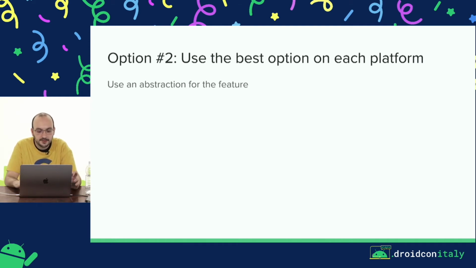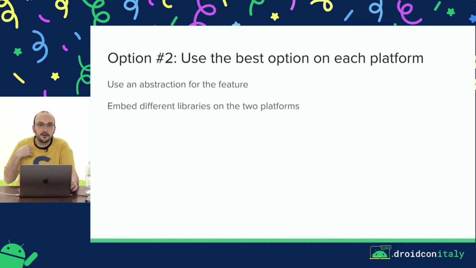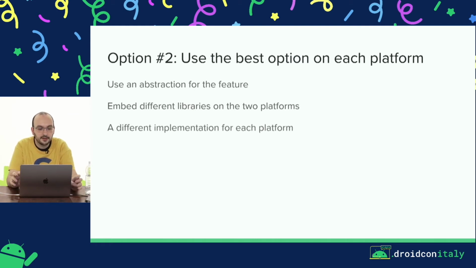We can use an abstraction for the feature, so we need to think about the feature that we want to give to our users, and think how we can abstract these features. And then we need to embed the different libraries on the two platforms, and finally we can have a different implementation for each platform.